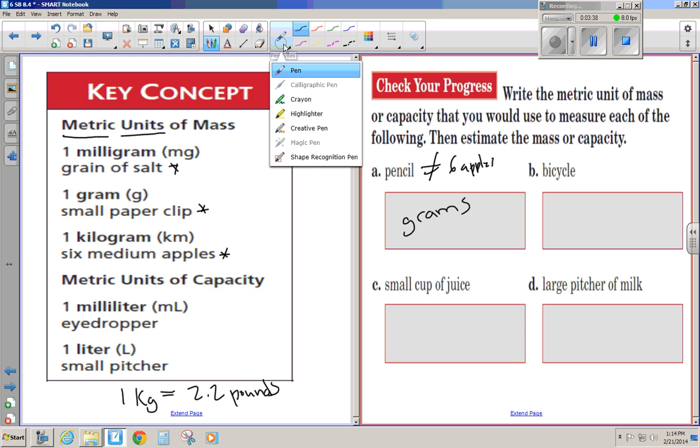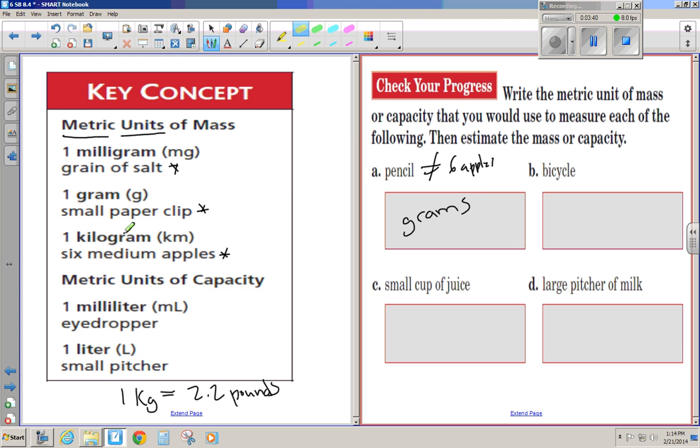A gram is a small paper clip, and you could estimate that a pencil is made up of about 100 paper clips, which means it would weigh approximately 100 grams.